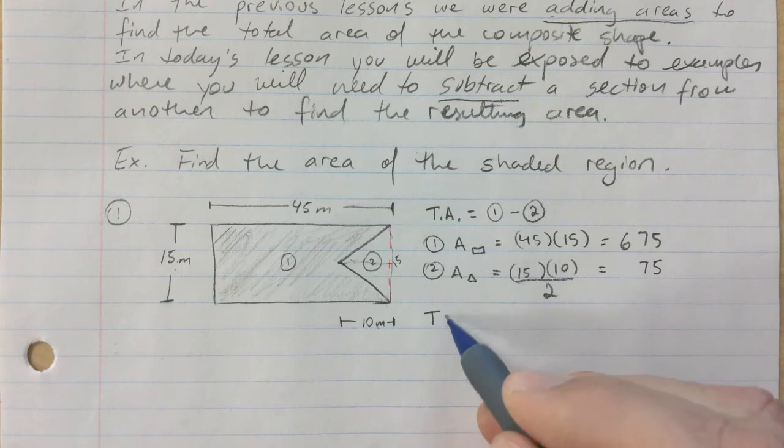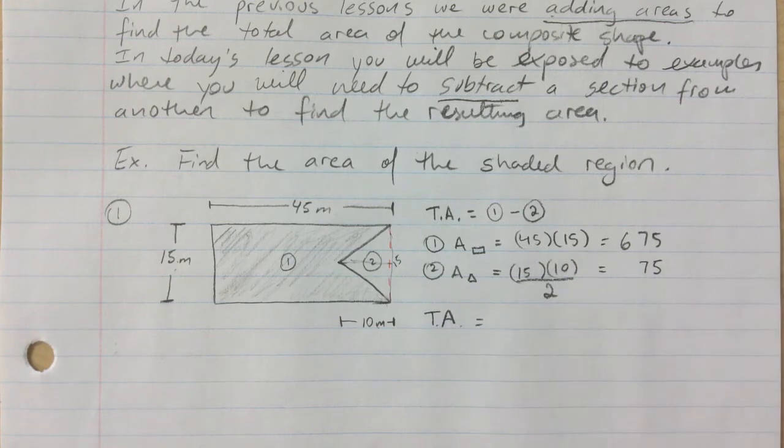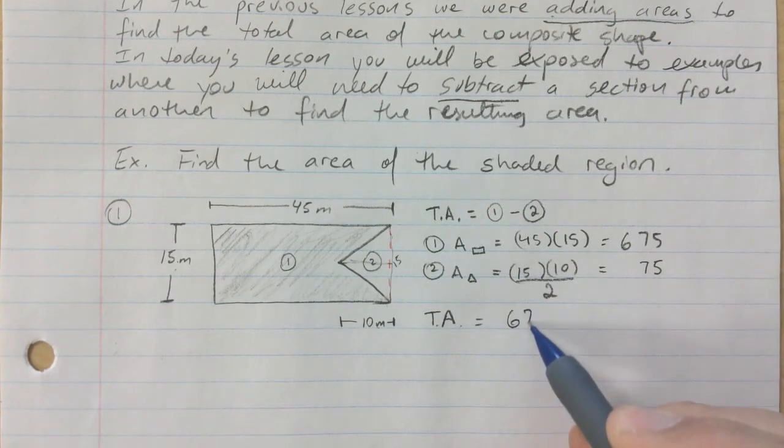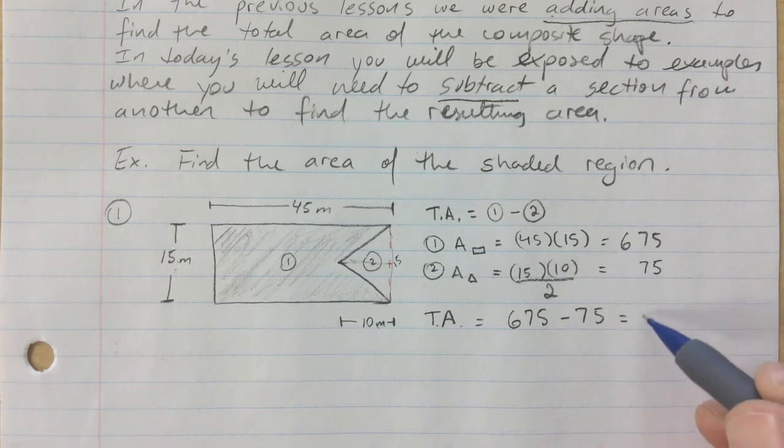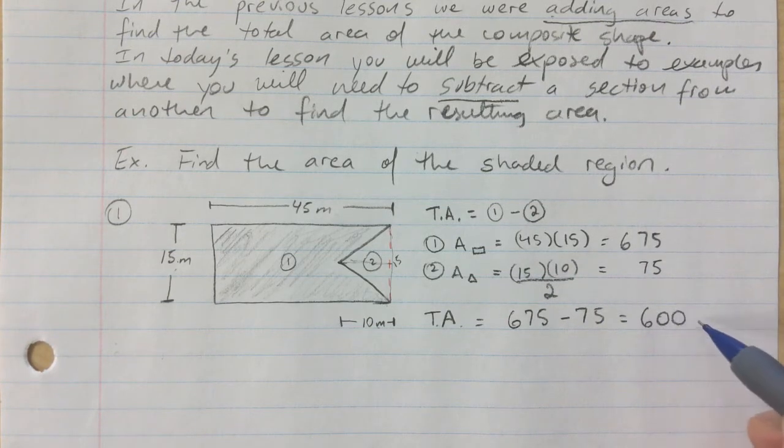So to get the total area here, we would go 675 minus 75, and that is 600 square meters.